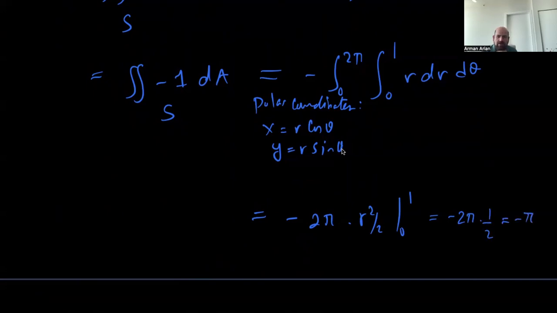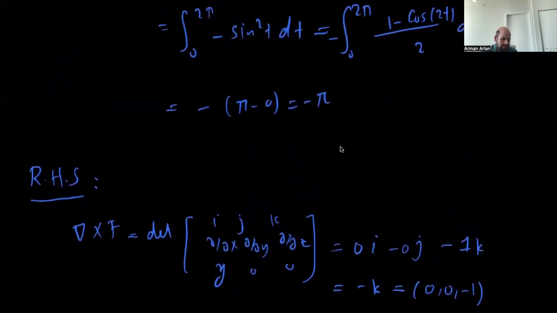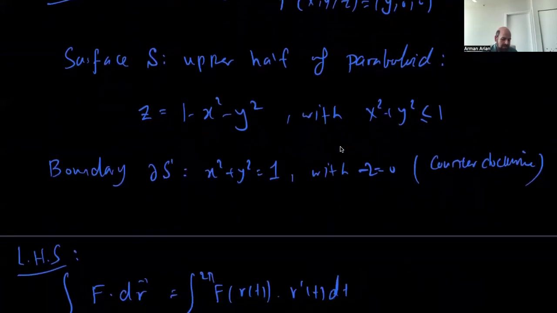Or we can just do it this way, because the boundary of S, we mentioned earlier, was just a unit disk. The unit disk has the area pi r squared, or pi times 1 squared, or just pi.